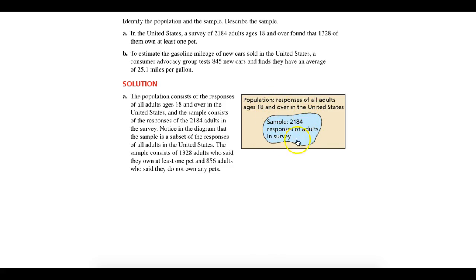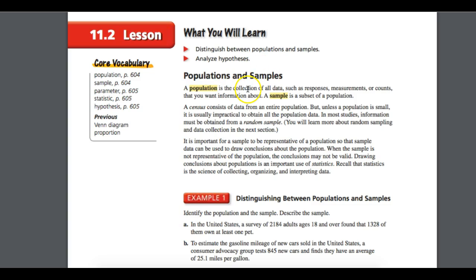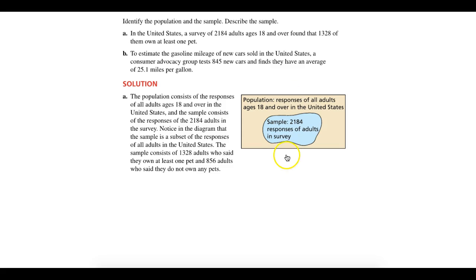And again, within that subset are the people that own pets and do not. So remember, the population is the data of the entire group, or the collection of data that we want information about. So we want information about all adults, and the responses that we received would be the subset.